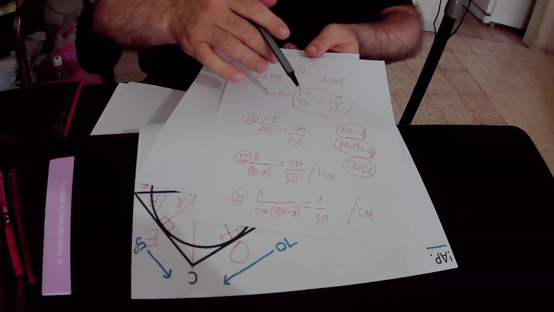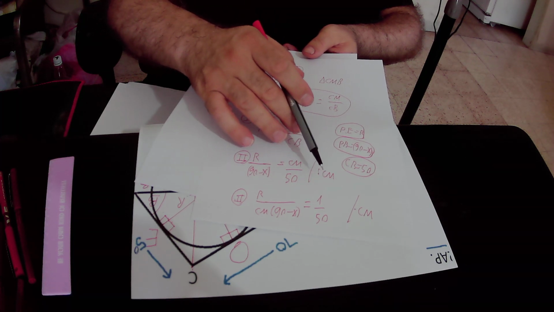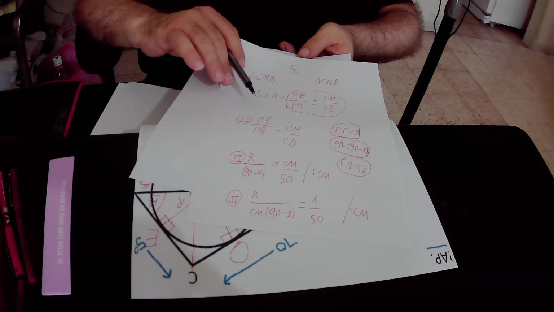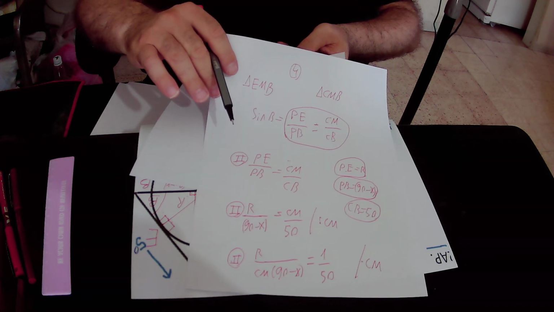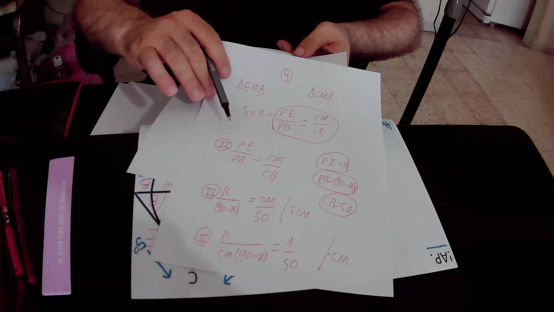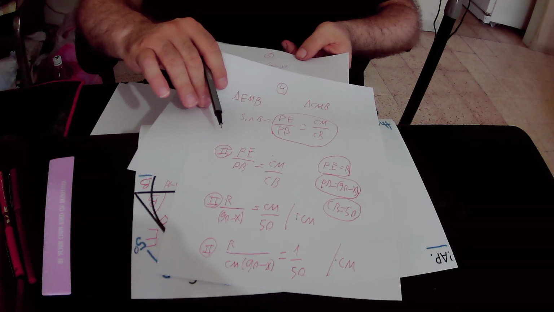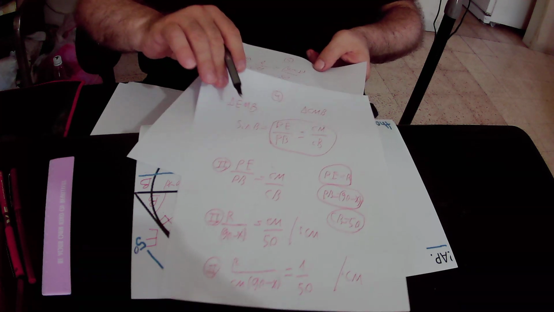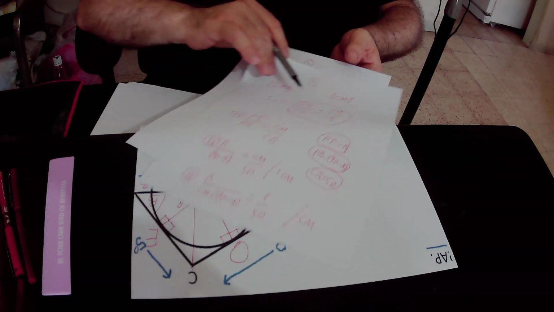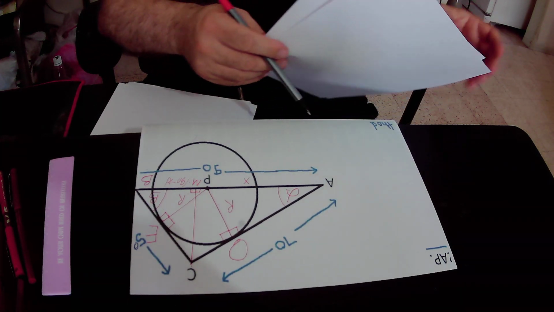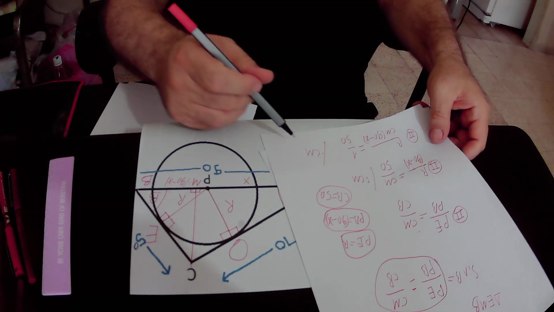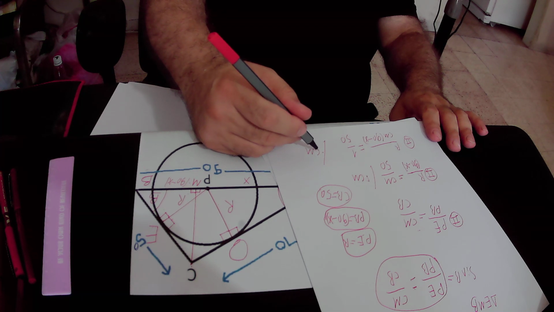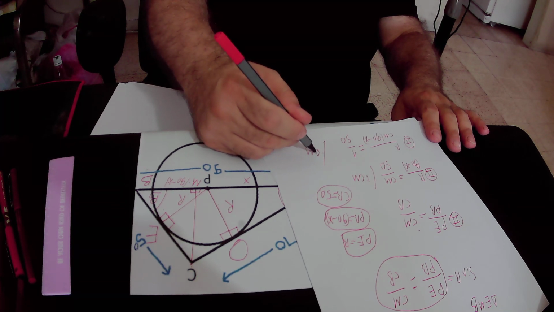So 1 over 50 times CM equals... we multiplied both sides of the equation by 90 minus x.